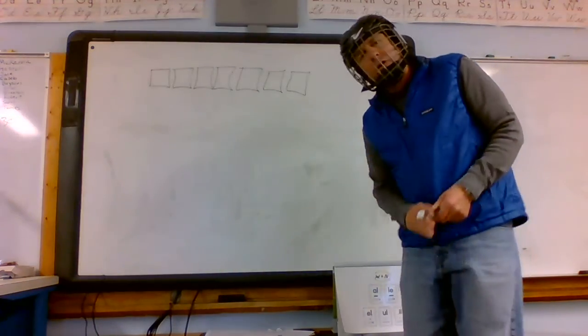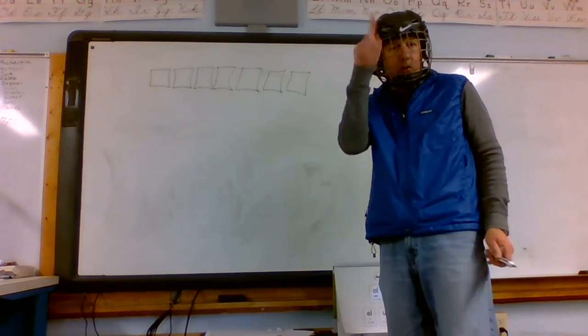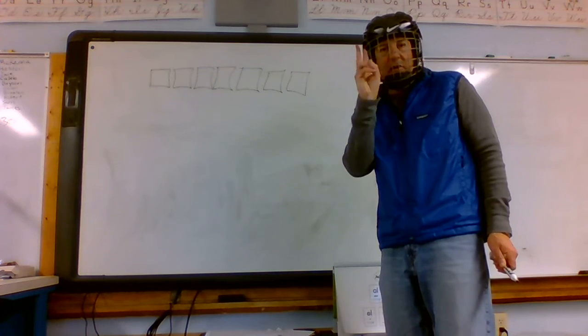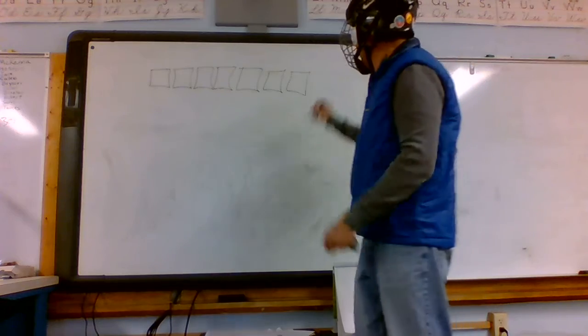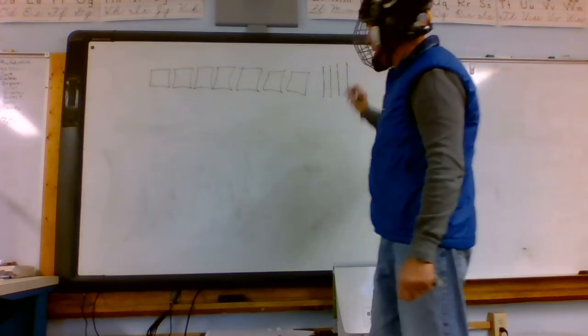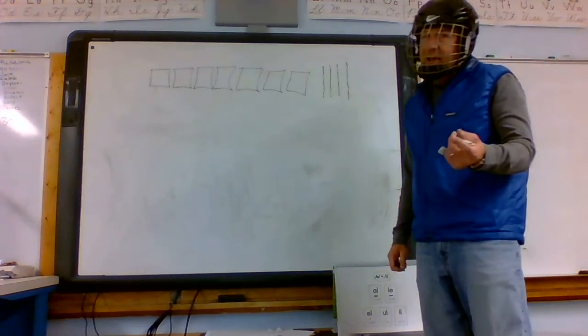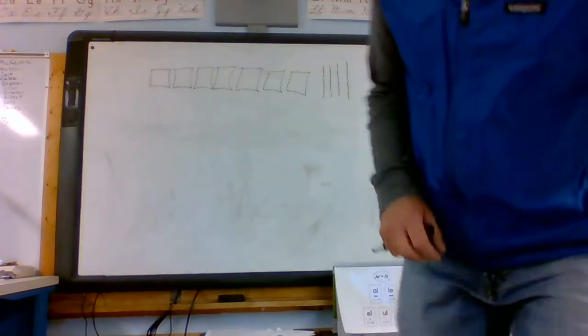So how do I do 40? Do I do circles or do I do sticks for 40? 10, 20, 30, 40. 4 sticks. That's 740.